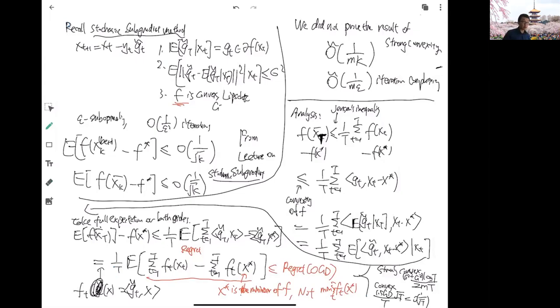We have intentionally left open the analysis of the stochastic subgradient methods for the strongly convex case, because it is much easier to do the analysis when we use the reduction to no regret algorithms in the online learning setting.